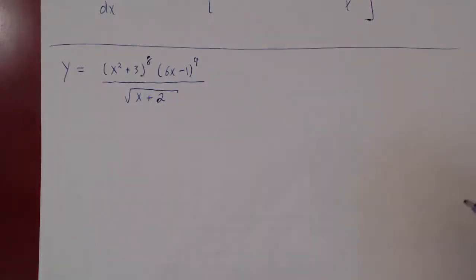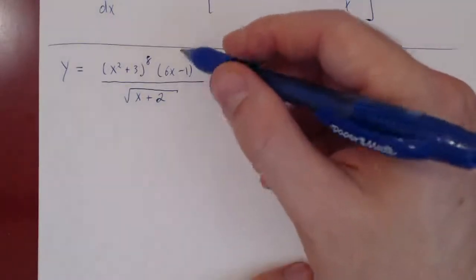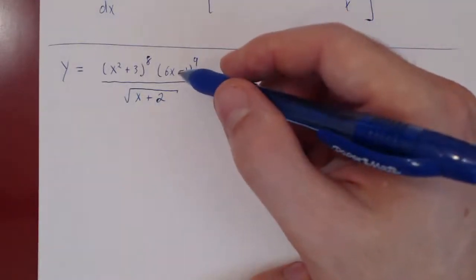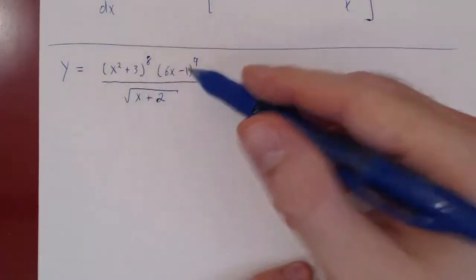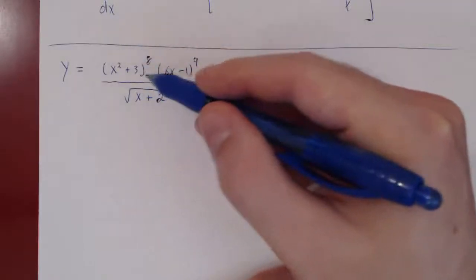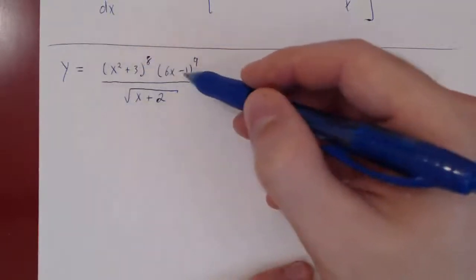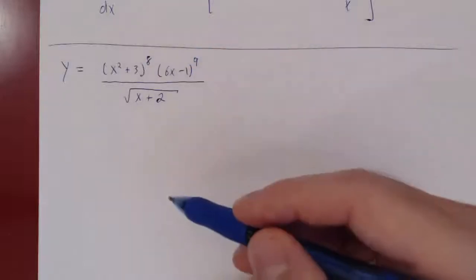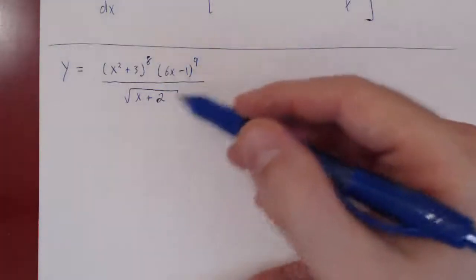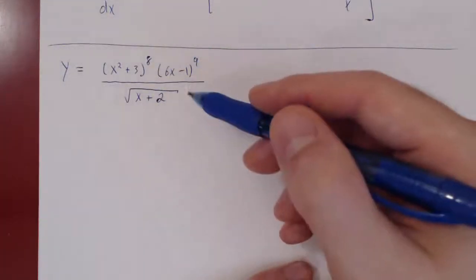Well, you could find the derivative of this directly. You have a quotient, use the quotient rule, but to differentiate the numerator, this will require the use of the product rule, because there is a product here, and the chain rule on both of these terms. So this will be quite a lot of work directly.